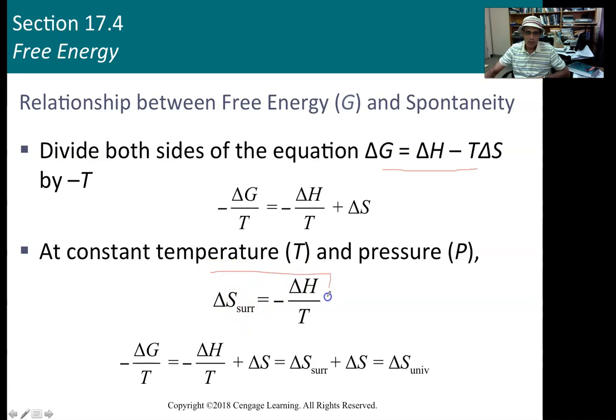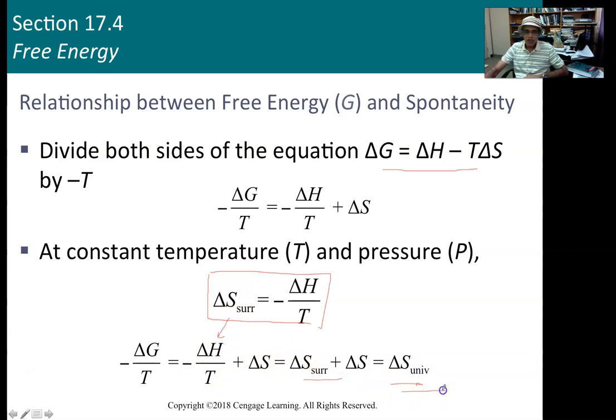This is what we saw from the first video: delta S of the surroundings is equal to minus delta H over T. So we can substitute it into the top relationship, and that's what we get.